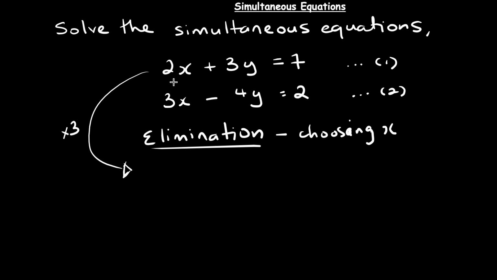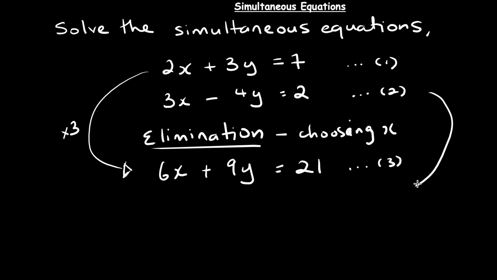In this case, I'm going to choose 3 because if I multiply 2x by 3, I get 6x. But then I have to multiply everything by 3. So this becomes 9y because it's 3 times 3y, and 3 times 7 is 21. We can call this equation 3 for the sake of tracking what we're doing.